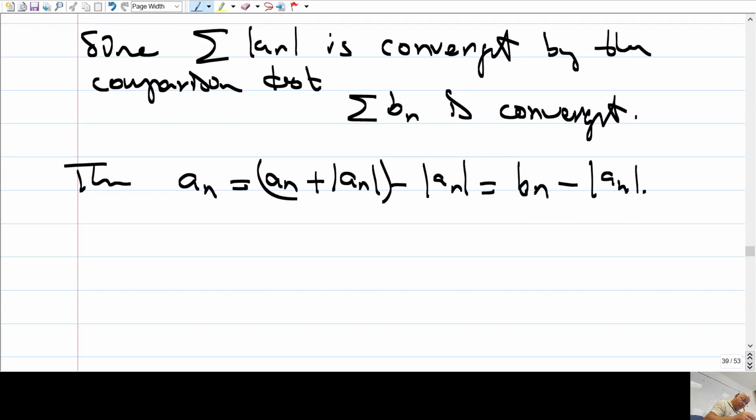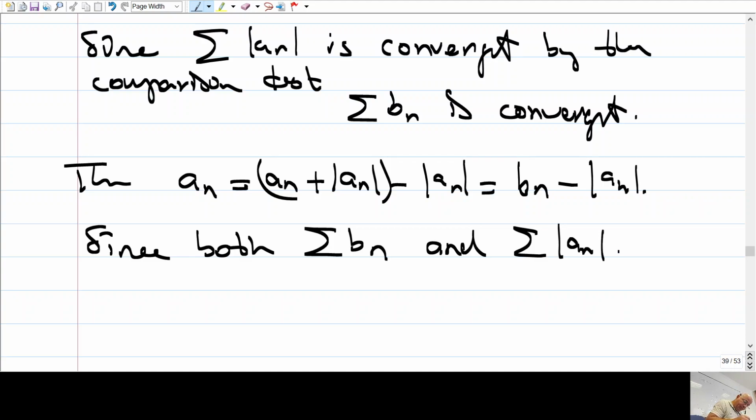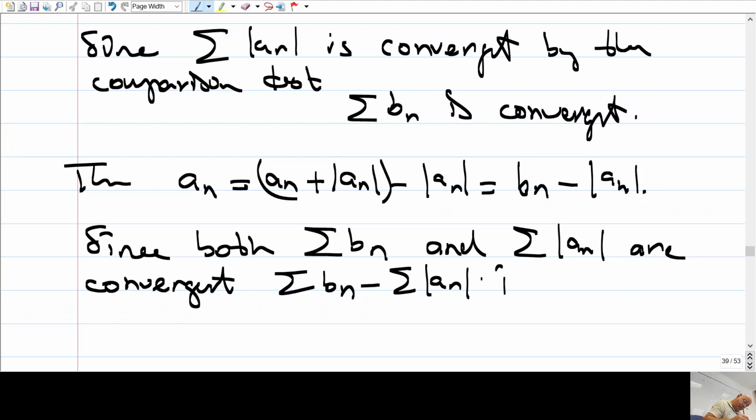Therefore, the difference is convergent, since both bn and the series of absolute values are convergent.